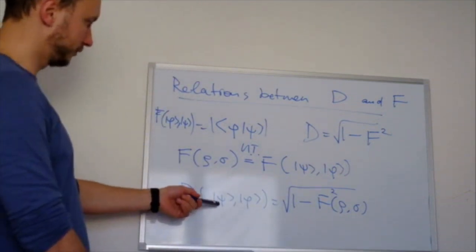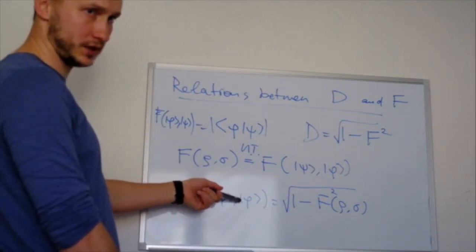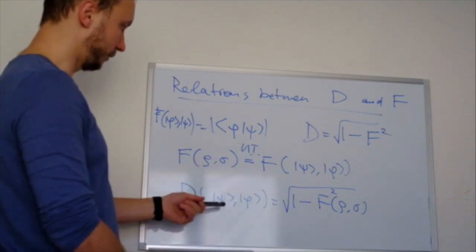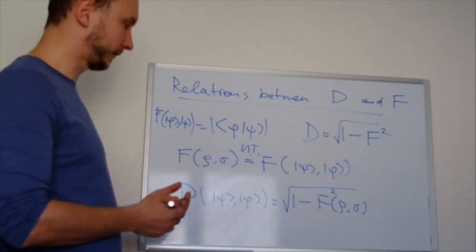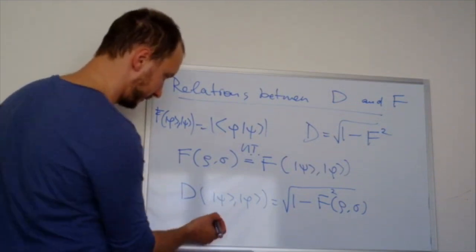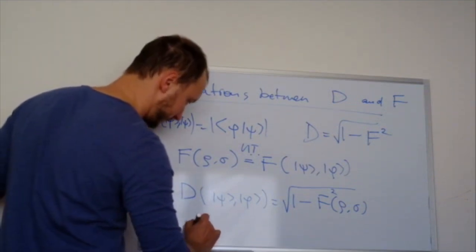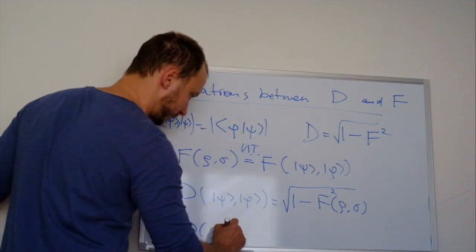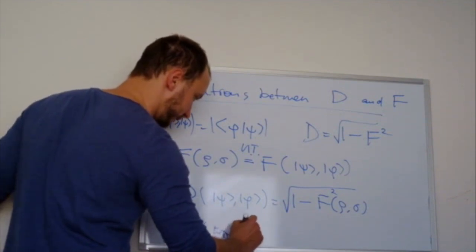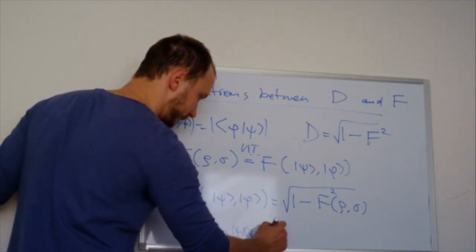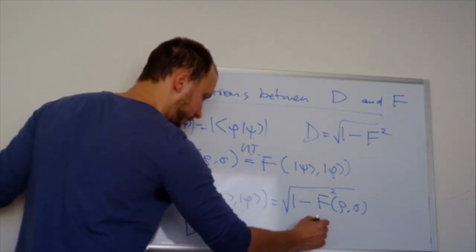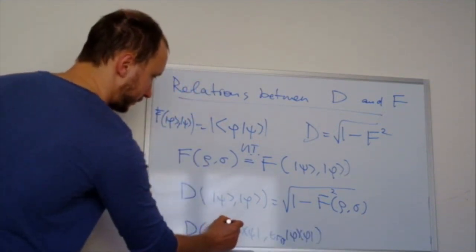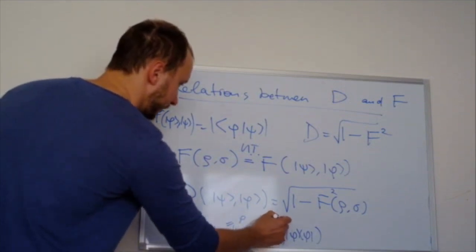But now, how do we go from these purifications to the states themselves? Well, we can just trace out Bob. Tracing out Bob is like a processing, you know. So when we do this tracing out, let's take D of the trace out of Bob for the state psi. So this is like a quantum map, of course, right? And the trace out of Bob for phi. Okay, and these things are equal to rho and equal to sigma.